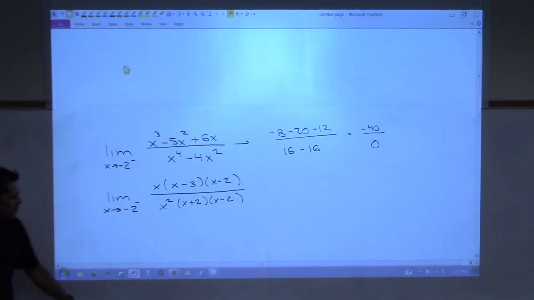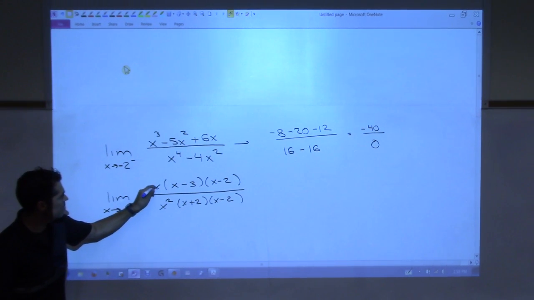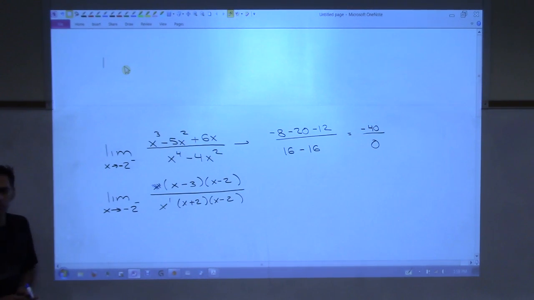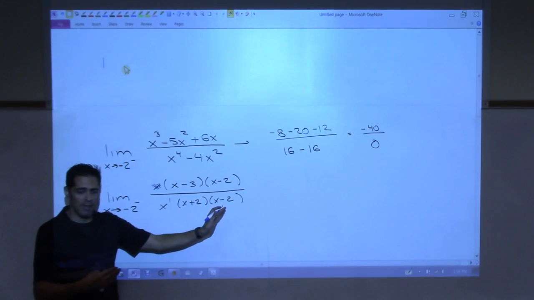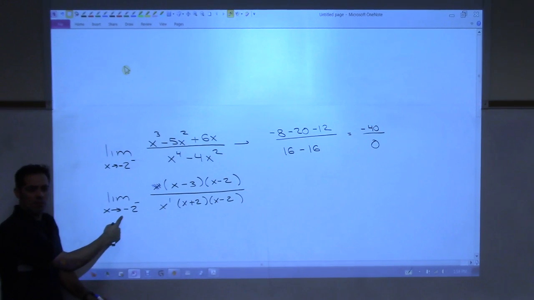Can we cancel any of these factors? You can cancel one of these x's out, right? You can say, all right, that's gone, and make that a first power instead. Anything else? X minus 2. You can cancel x minus 2 so long as you promise me that x is not 2. Well, I'm not even close to 2, right?